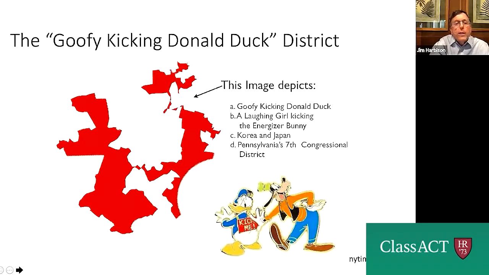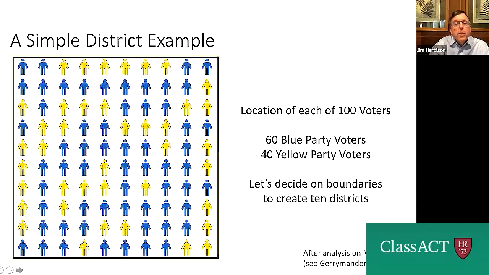Packing is when you make the district so that you pack much more than the 50% of your opposing party that's needed to win a district. So if you have an opposing party, you stuff as many of them as you can into a district. Maybe they have 80, 90%. They win that district, but then the extra 30, 40% that weren't needed to win the district are just wasted votes. That's called packing. And then there's cracking.